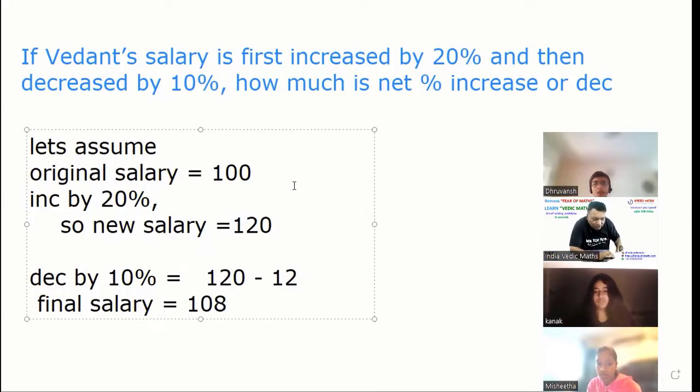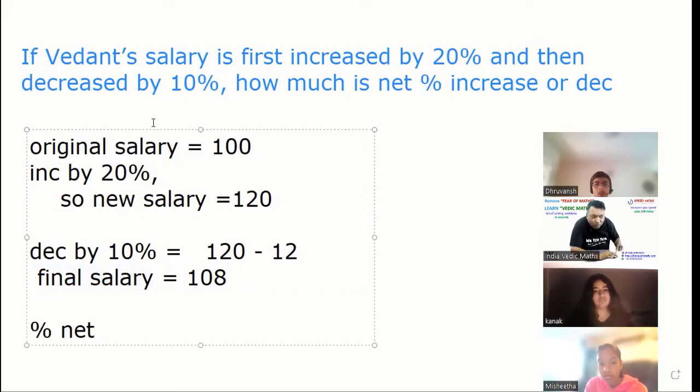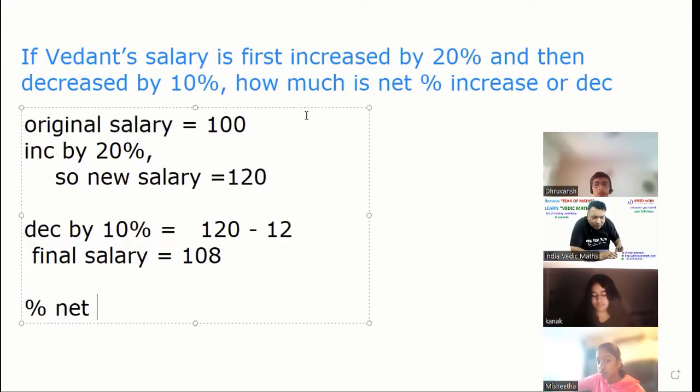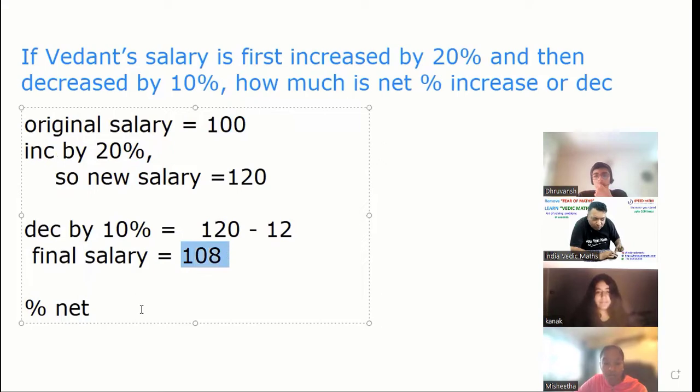So the original salary was 100. Finally, after both increase and decrease, his salary becomes 108. So is it an increase or decrease? Overall, is the salary increased or decreased from the original? Original was 100, Mishita, and now it becomes 108. So overall it is increased, right?